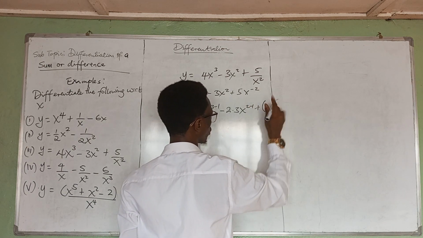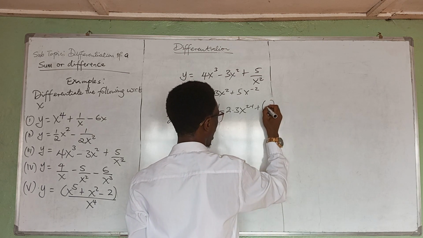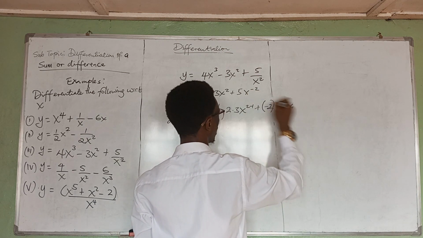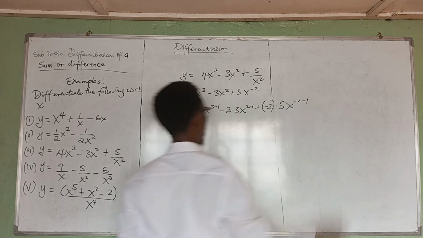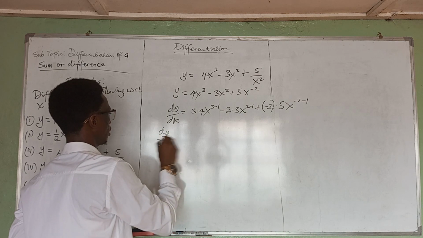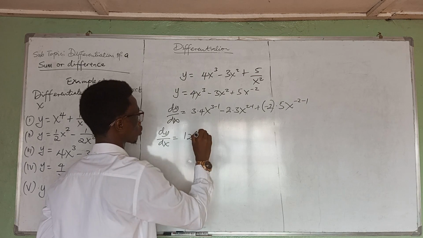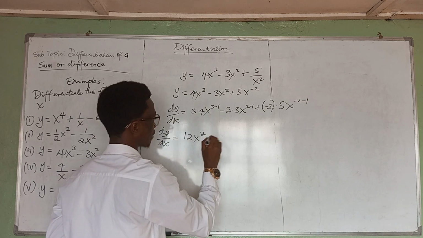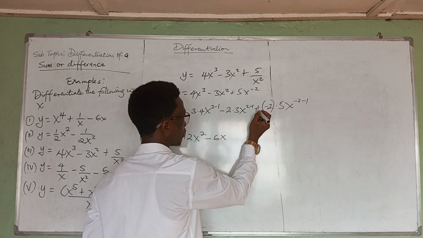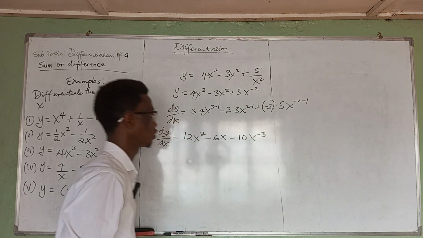Now you are bringing the minus 2 here, then I multiply it by 5, x, and I have minus 2 minus 1. So dy by dx equals, you multiply this, it gives you 12x squared. Then minus 6x raised to the power 1, so we don't need to write it again. Then this one, plus times minus becomes minus, 2 times 5 becomes 10x raised to the power minus 3. Okay, so you are done.